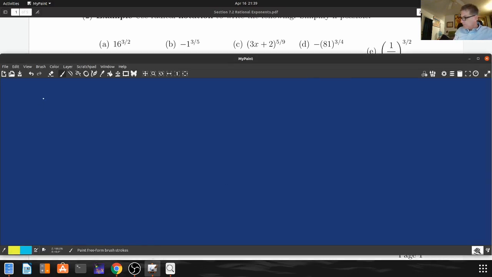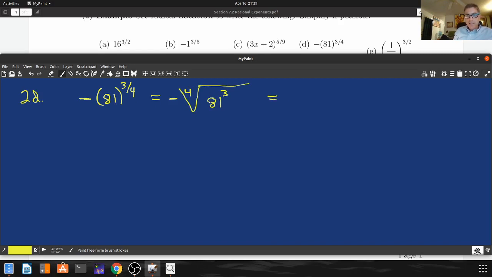So now we're going to do example 2D. So this is minus, this is my base, 81, and my base is raised to the 3/4 power. So this is equal to minus, my denominator becomes my index, and my base 81 is raised to the 3rd power.